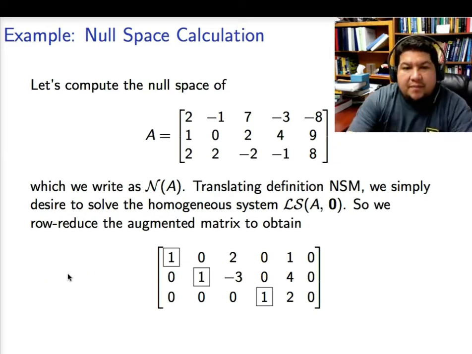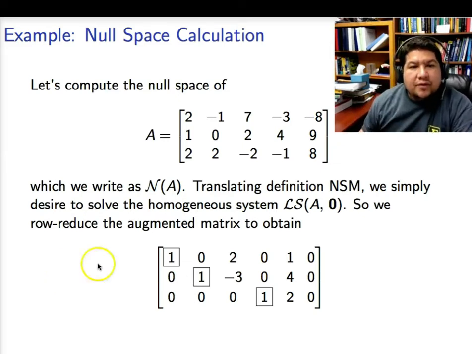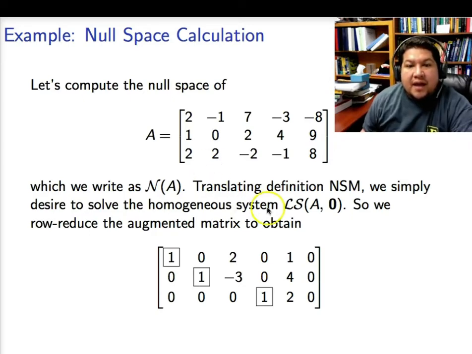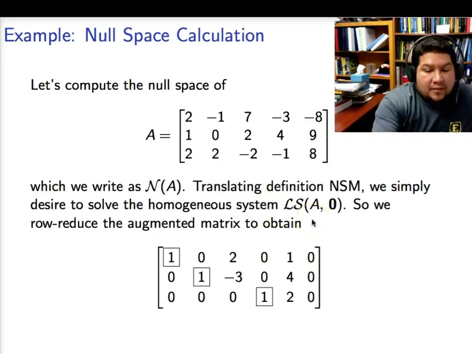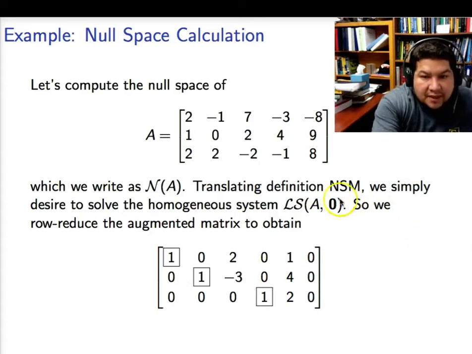So let's turn to this example. We have a matrix with 3 rows and 5 columns, and if we want to consider the calculation of the null space, that is analogous to computing the solution set of a homogeneous system of equations, and that would be the system that has this matrix as the matrix of coefficients, right?